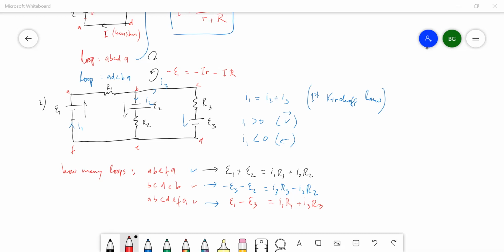It's not necessary whether you take the loop clockwise or counterclockwise. You could also have a negative result in counterclockwise. It depends on the problem. But you don't have to worry about this result, because if the current becomes negative, then the direction of the current is opposite to the loop.